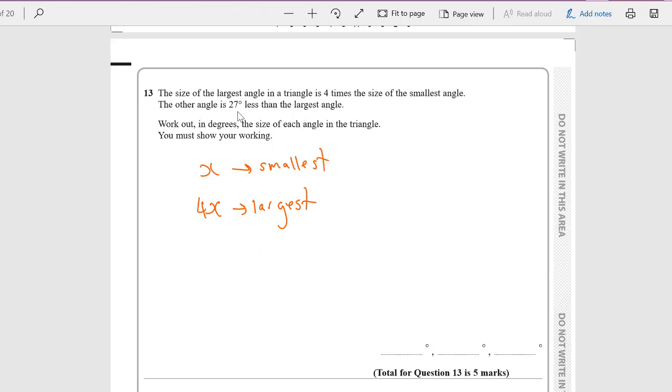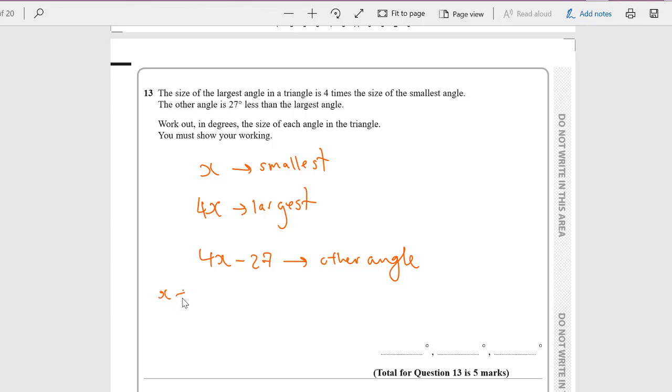The other angle is 27 less than the largest angle. So 4x minus 27, that's the other angle. So let's add them all up together.